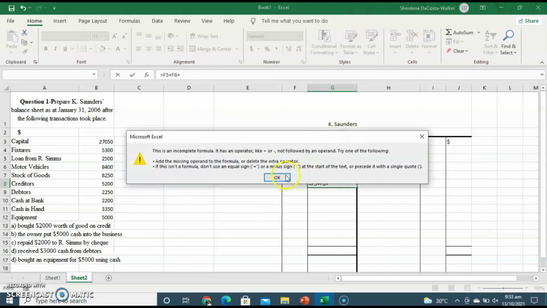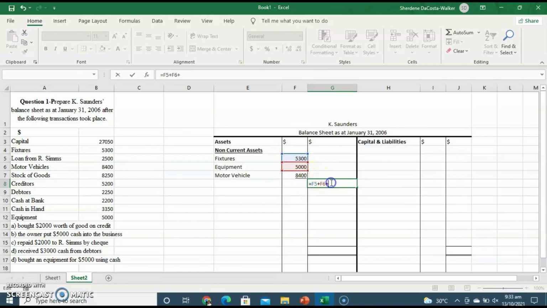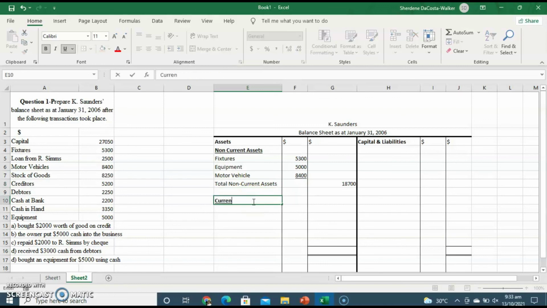All right, let's look at that. Yes, so this is our total non-current assets. Then we're going to go to our current assets, and we have our stock that also changed to 8,250. Our debtors that changed because somebody paid us, so it decreased.